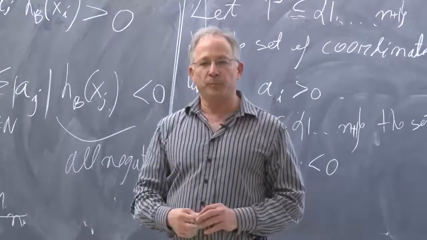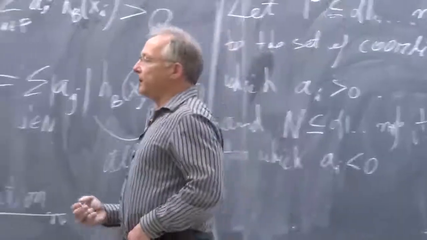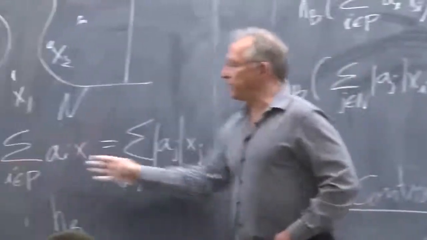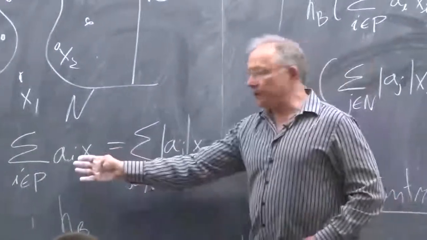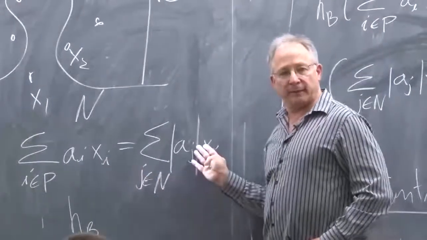But why are these two summations equal? Oh, because since the total summation is 0, I can take all the negative ones and put them on the other side.